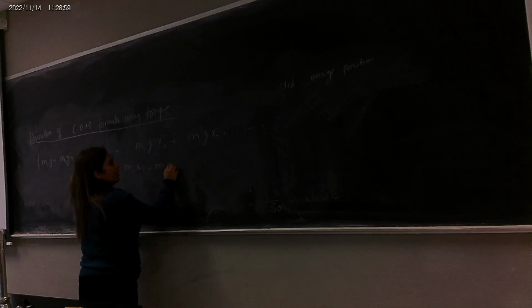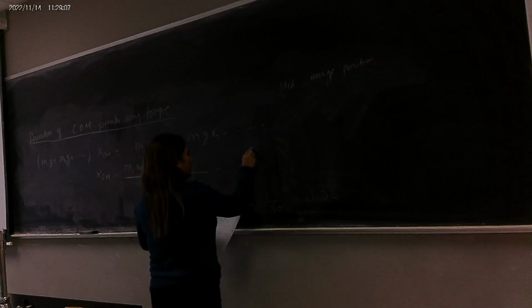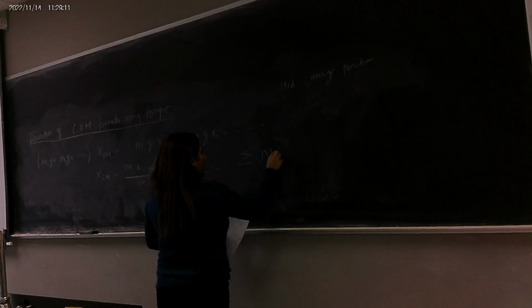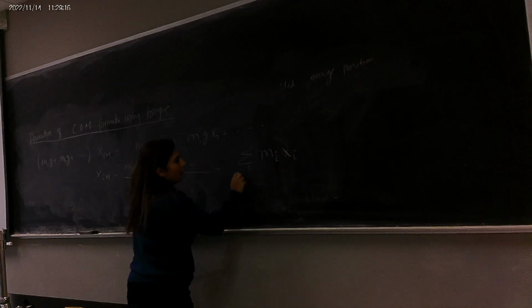So XCM would be equal to M1X1G, where G would get cancelled, plus M2X2, and so on, divided by M1 plus M2. We should be able to write it as the summation of MiXi divided by the summation of Mi.